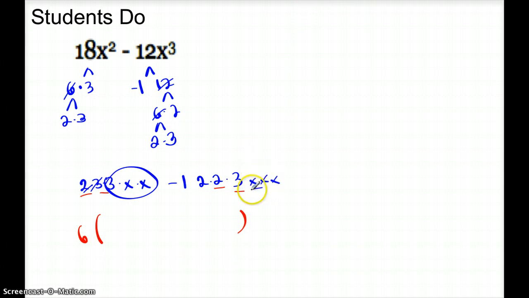They have 2 x's, so I'll have x squared. This one doesn't have any, and the only leftover is going to be a 3. Here the leftover is going to be negative 1 times 2, which is negative 2, and then 1x.